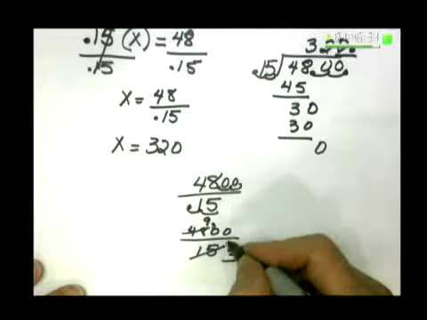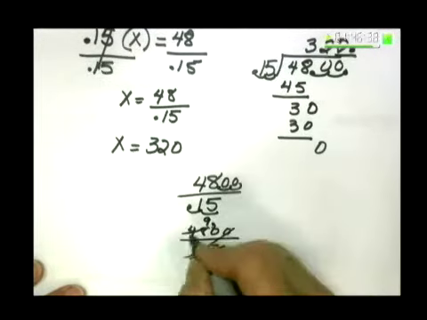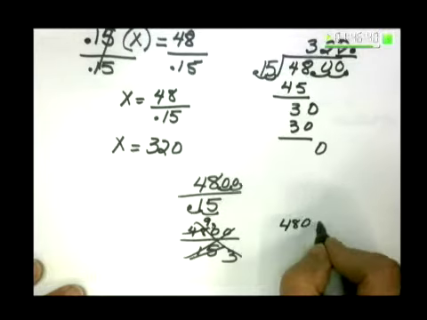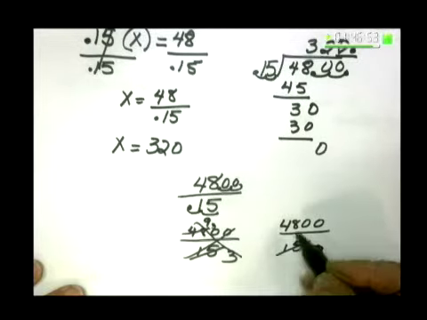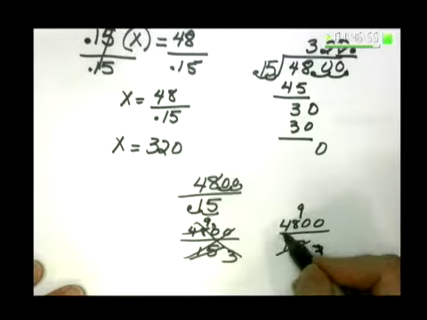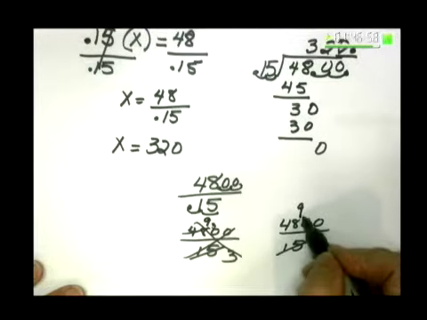Let's go back. Let's try 4800 over 15 again, and I'm dividing by 5. It's going to go 3 times. 5 into 48 is 9 with 3 left over. 5 into 30 is 6.